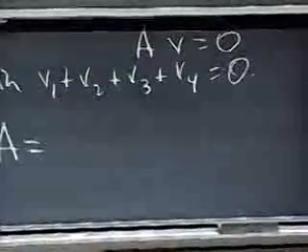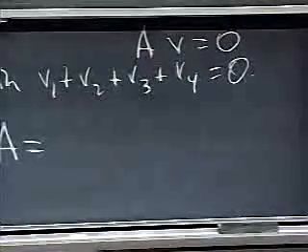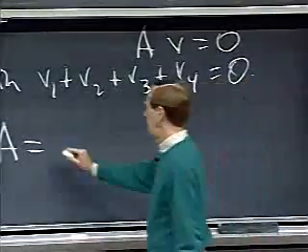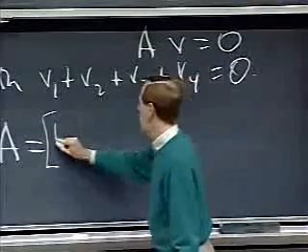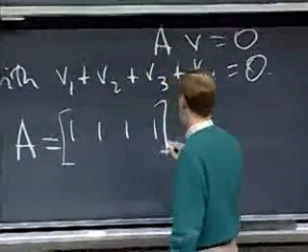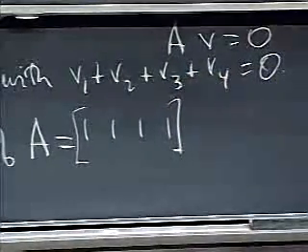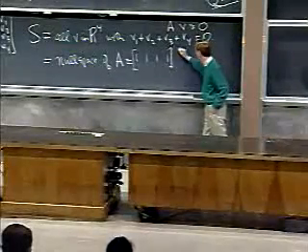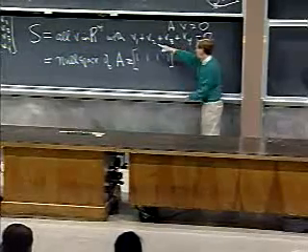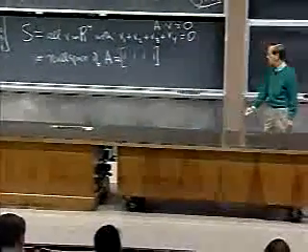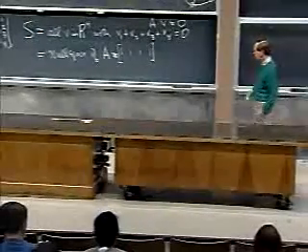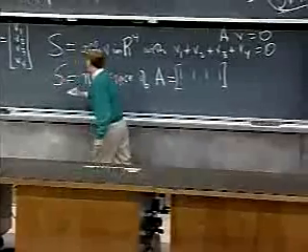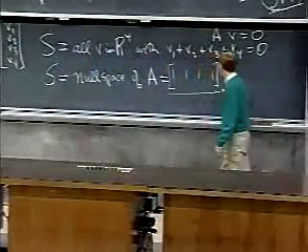And what's the matrix that we're seeing there? It's the matrix of 1, 1, 1, 1. You see that if I look at Av equals 0, for this matrix A, I multiply by v, and I get this requirement that the components add to 0. So when I speak about S, I'm speaking about the null space of that matrix.